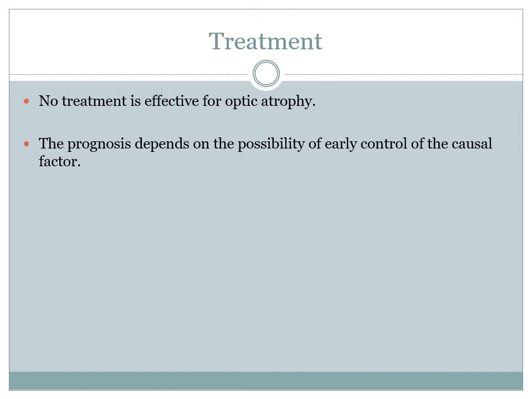Now, what is the treatment of optic atrophy? Optic atrophy per se has no effective treatment. You will have to find out the cause and treat the cause. The prognosis depends on the possibility of early control of the causal factor. So, suppose there is alcohol related toxic amblyopia, what is the treatment?